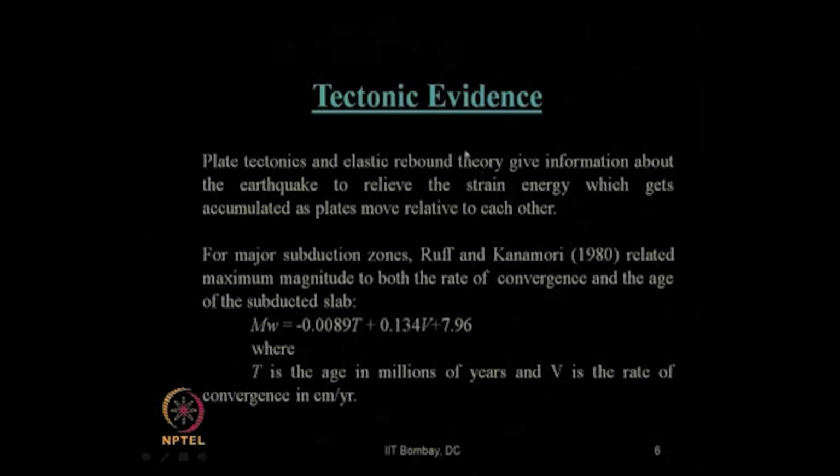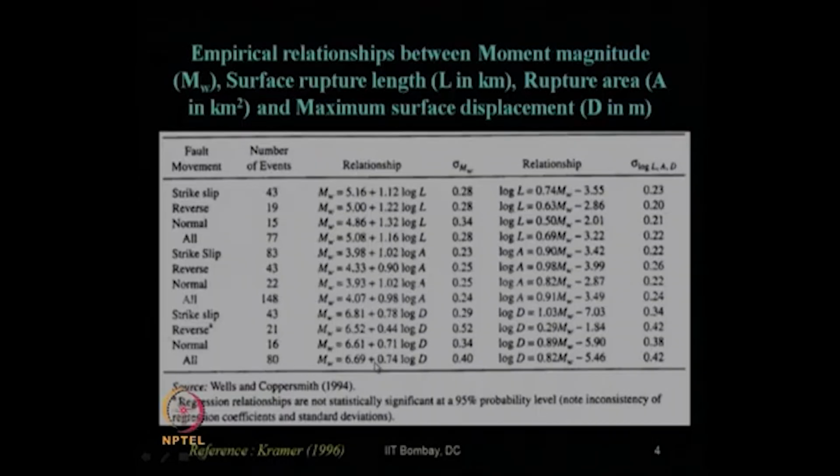Now, let us move to tectonic evidence. For tectonic evidence, how can we compute the magnitude of an earthquake? We have seen through the fault characteristics, either from the fault length or rupture area or surface displacement, we can compute the moment magnitude of an earthquake.